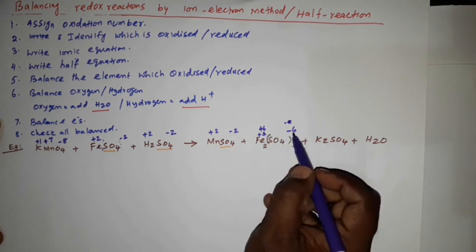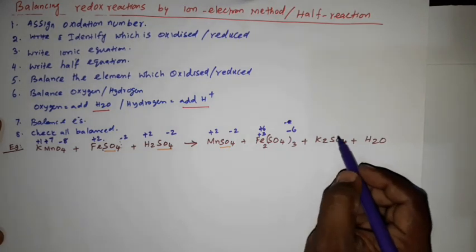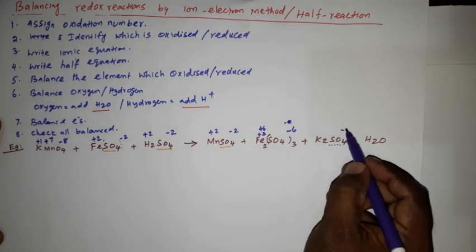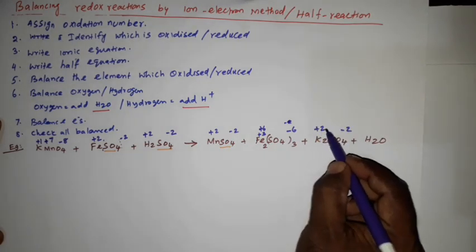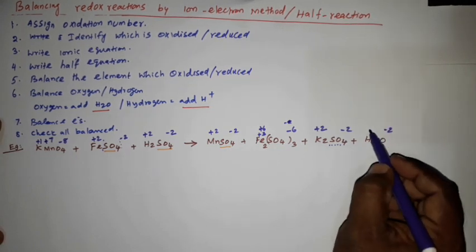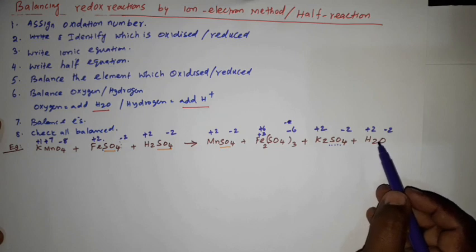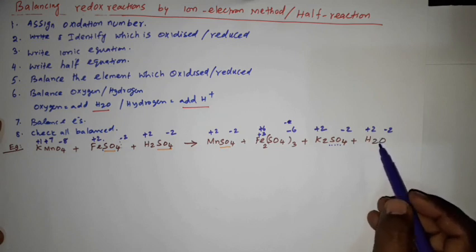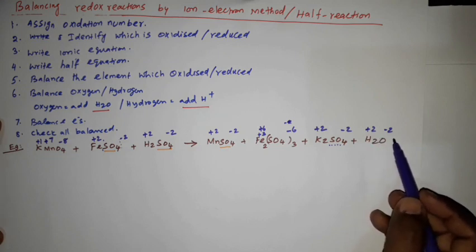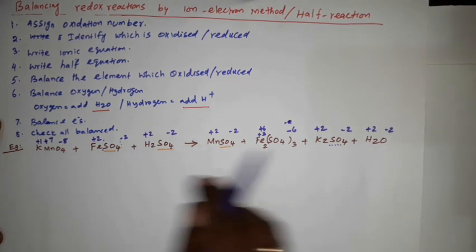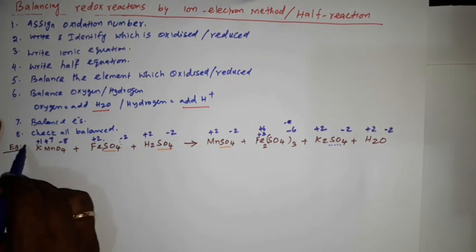So +6 minus 6 is 0. Then here sulfate is -2, potassium +2, oxygen -2, hydrogen +2, because 2 hydrogen atoms are there, so 2 into +1 is +2. So +2 and -2 will be 0. Now step 1 is completed. We are going to step 2.